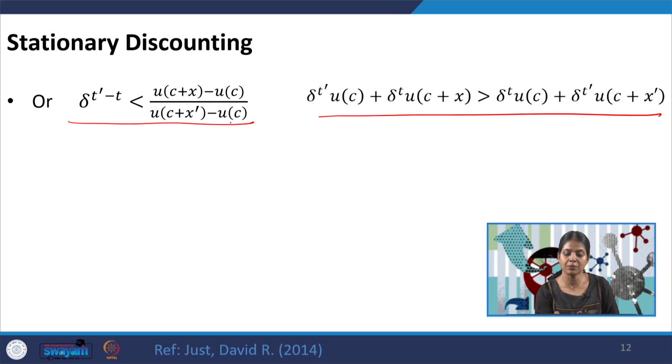What we are simply doing is taking u c to this side, taking delta raised to the power t common, then we will be having u c plus x minus u c, this term, and then we are taking this to the other side.